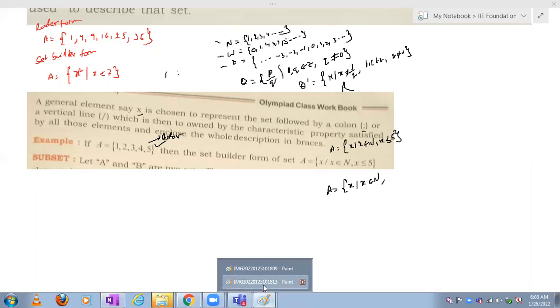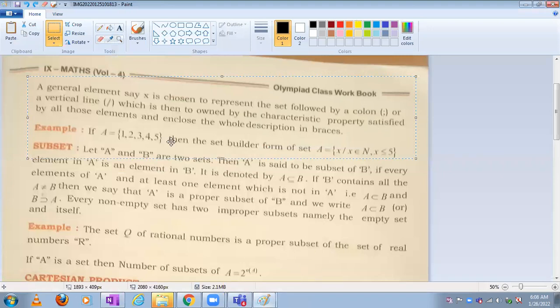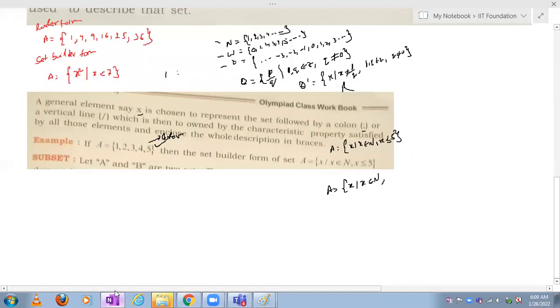Next, another thing, subset. Subset means what? Suppose there is a set A: 1, 2, 3, 4, 5. Set B is there: 1, 2, 3, 4, 5, 6.